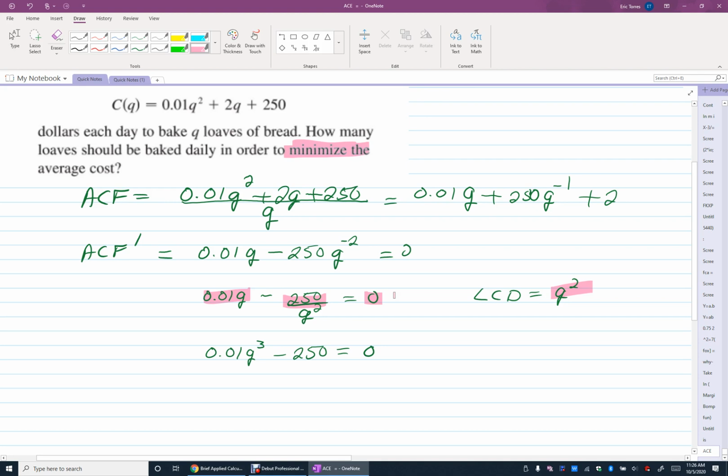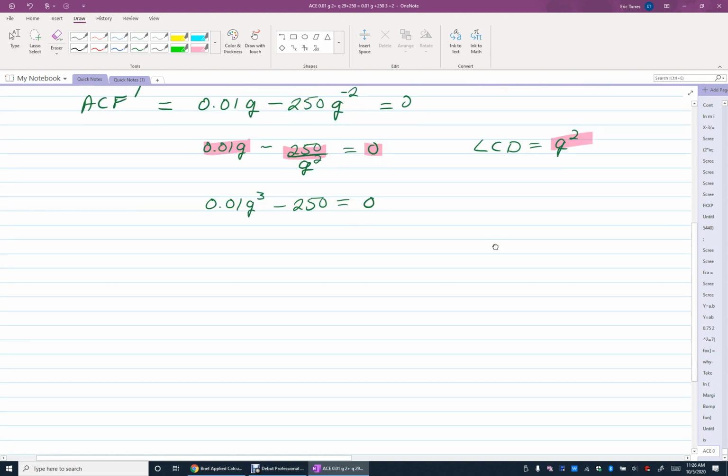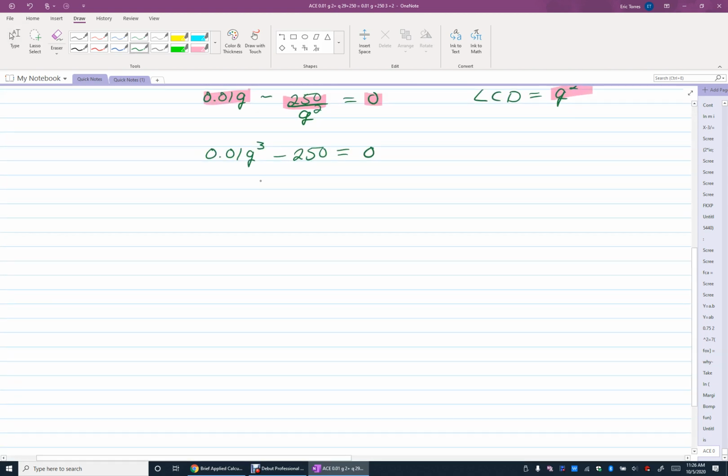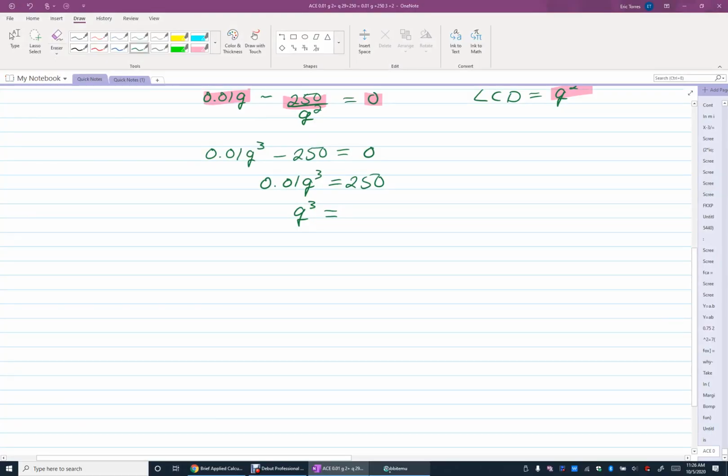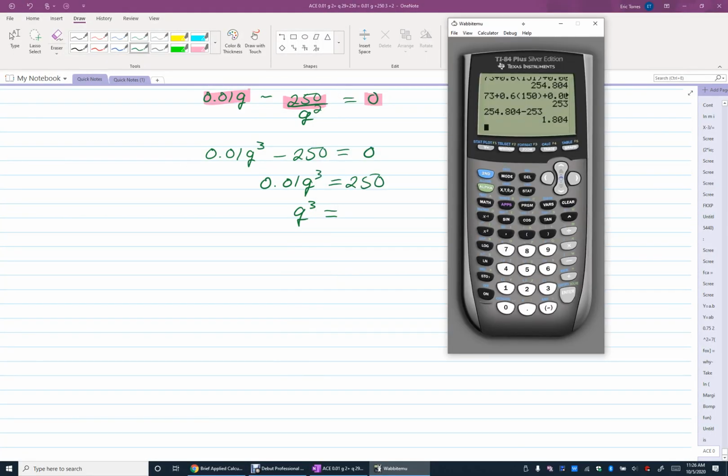Now I'm going to solve for Q algebraically. I'm going to add 250 to both sides. I'm going to divide both sides by that 0.01. So let's pull out the calculator, make sure we do that correctly. What do we got here? 250 divided by 0.01. And that's 25,000.